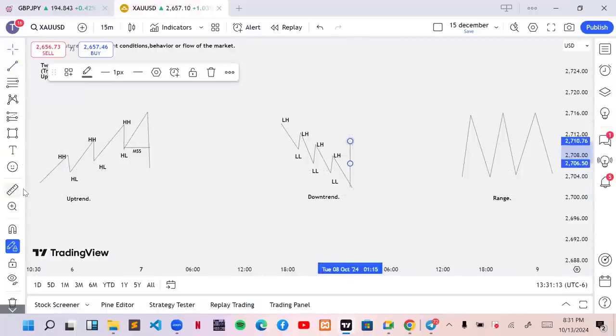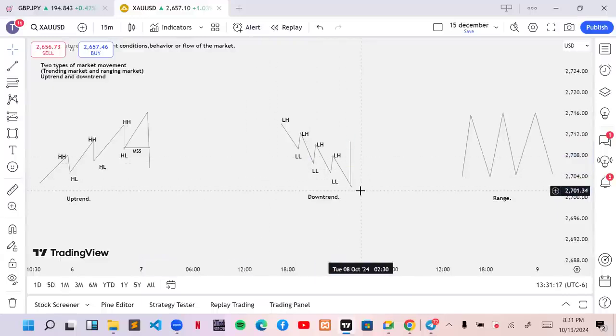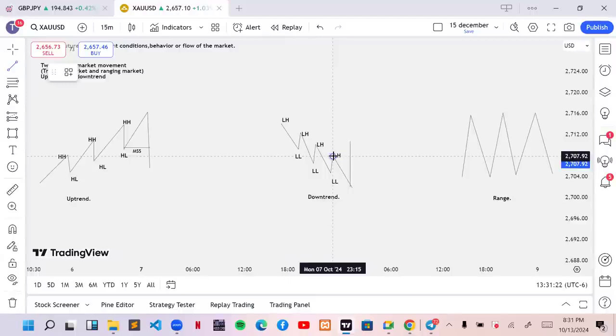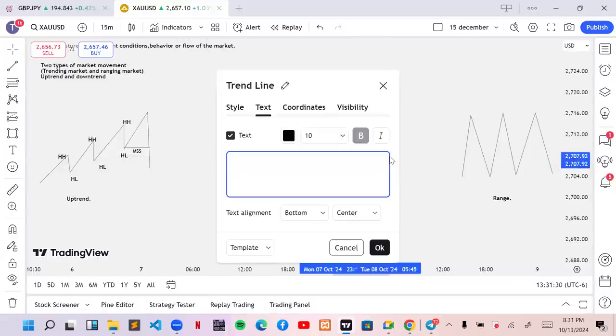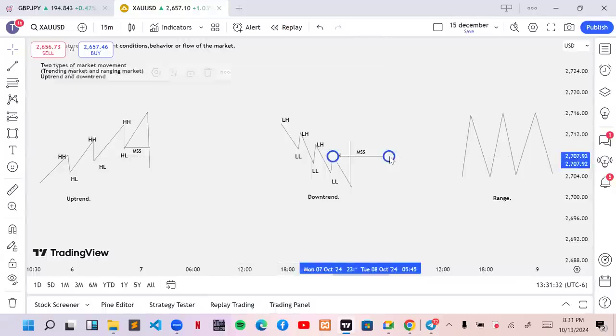So this is no longer a downtrend. There was now a market structure shift here. The market could have made a lower high here, but it made a higher high. This is where your market structure shift is. I'll signify that with MSS as well.